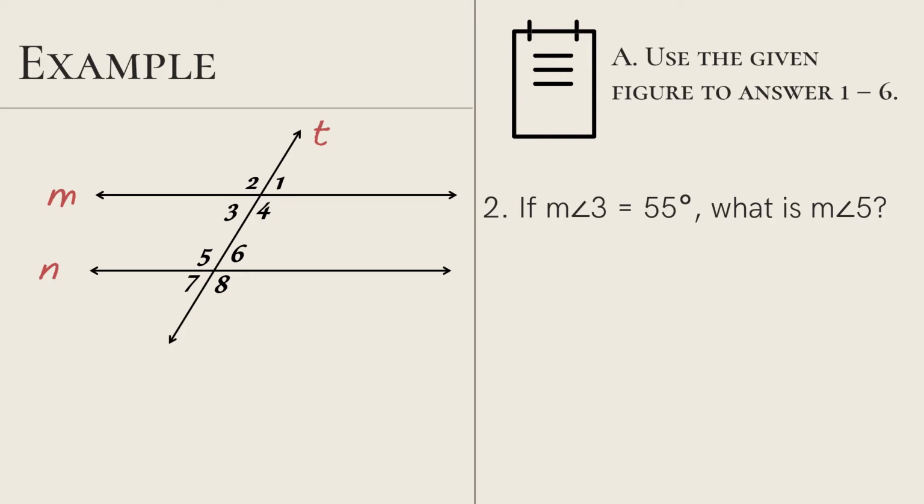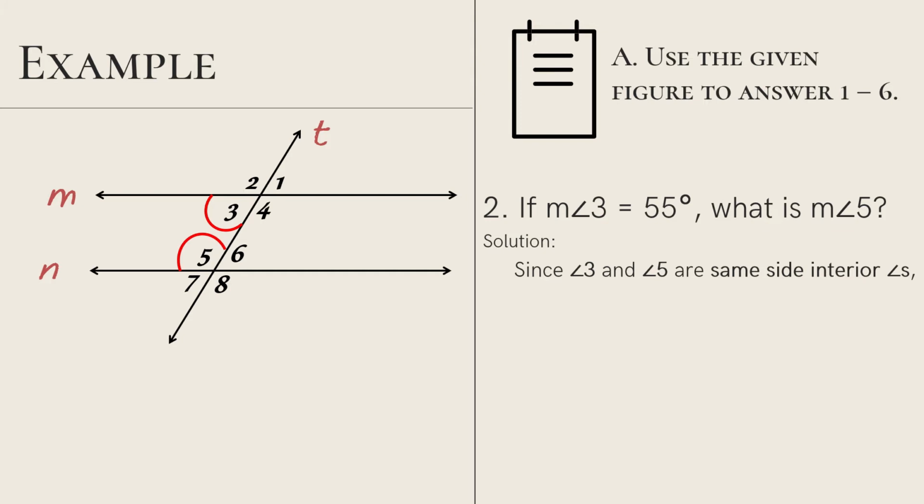Let us take a look at angle 3 and angle 5. What can you say about the relationship between angle 3 and angle 5? That is right. Angle 3 and angle 5 are same side interior angles.